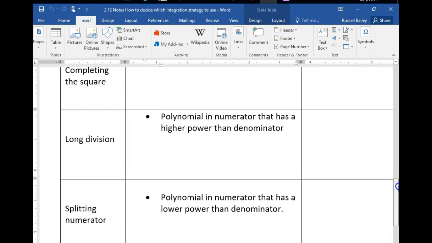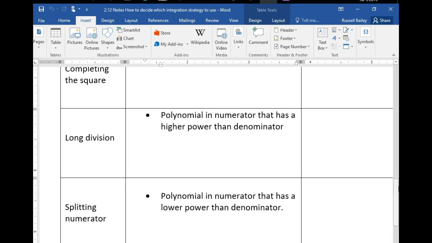Long division. Okay, now the last two are a little bit tricky. Let's take a look at long division.